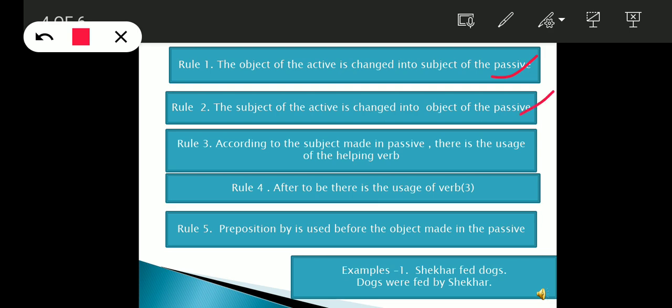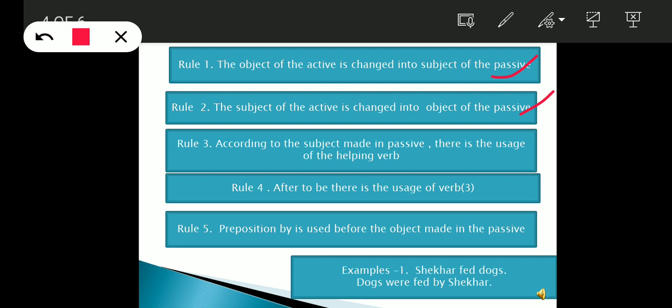Don't get confused, it is a very simple rule. If I combine these two rules into one, the subject and object of the sentence in active voice will exchange their places in passive voice. That means the subject will become the object and the object will become the subject.